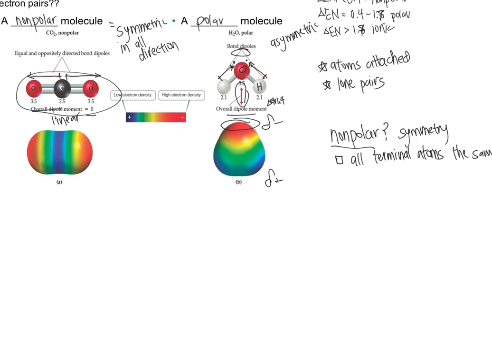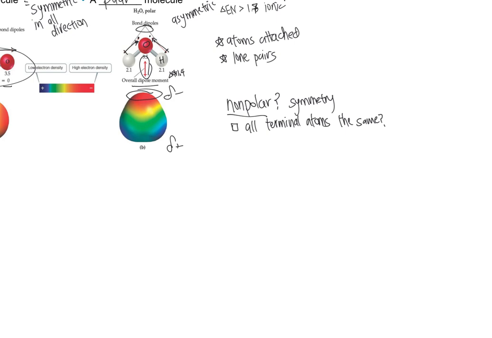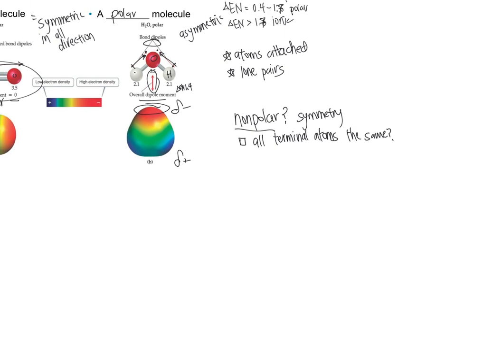If they are, then, for example in carbon dioxide, the dipoles are going to cancel themselves out because the length of that vector, that arrow, is going to be similar on the other terminal atoms. But that's not it. With water we have both terminal atoms hydrogen, so why is it not nonpolar? We also have to consider, are there any lone pairs? If we want it to be nonpolar, there should be no lone pairs on the central atom.